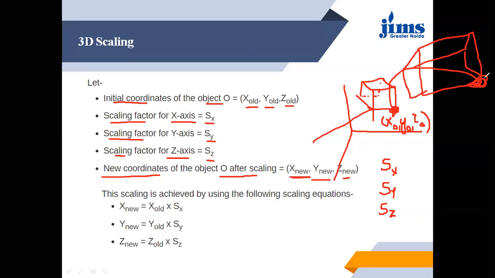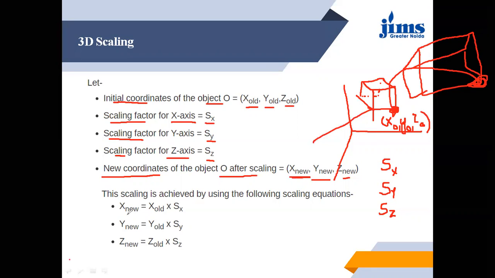In the exam, they will ask about a point: when we apply this scaling operation on this point, what will be its final coordinate.